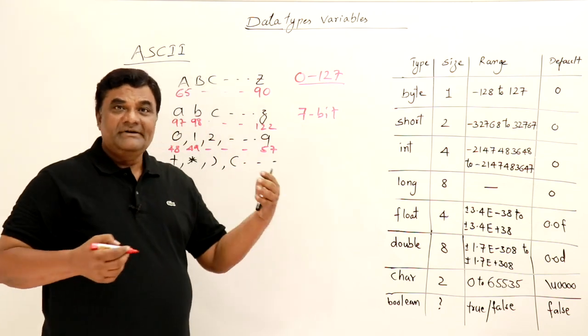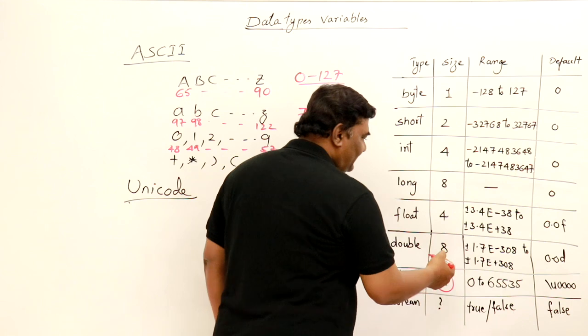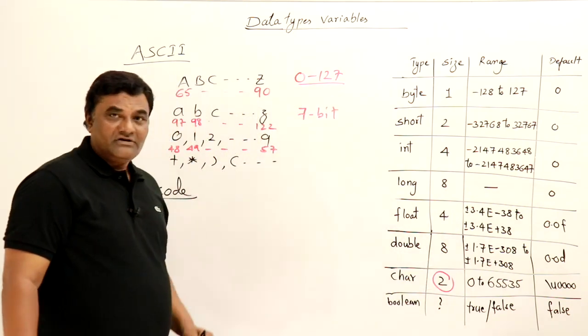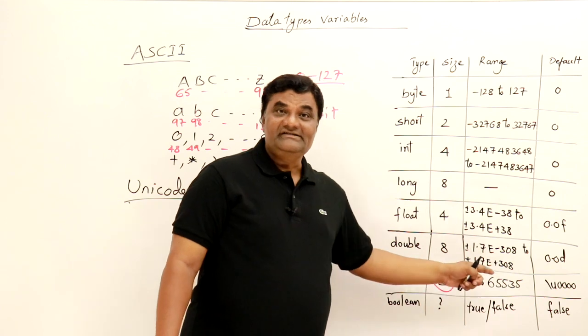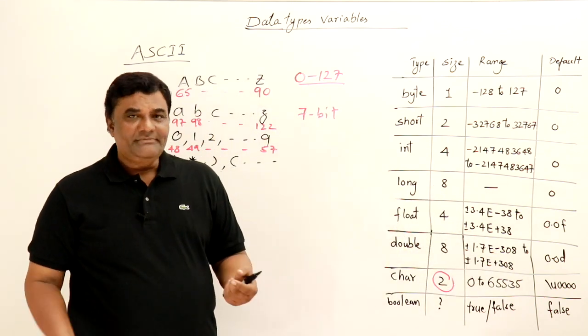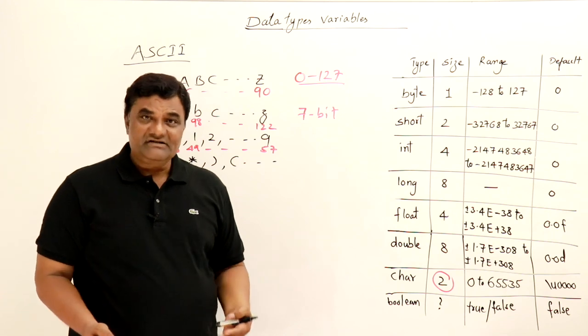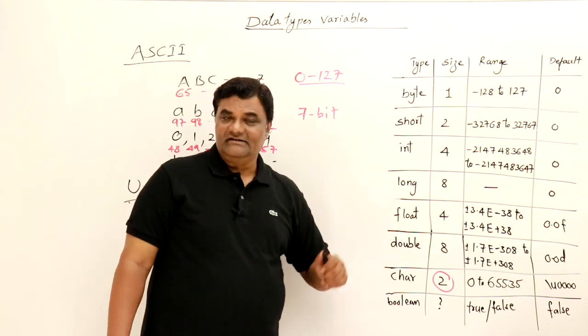We need more space, right? That is the reason Java takes 2 bytes for a character to support Unicode. And it takes positive numbers only, 0 to 65535, because there is no use of negative numbers in terms of characters. So this is about the character data type.